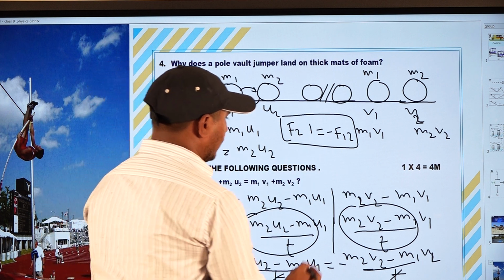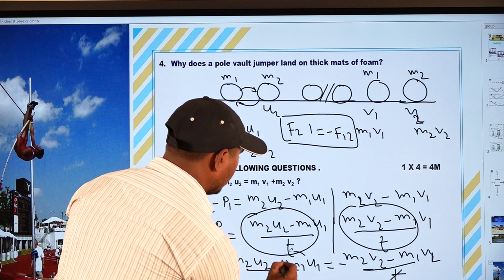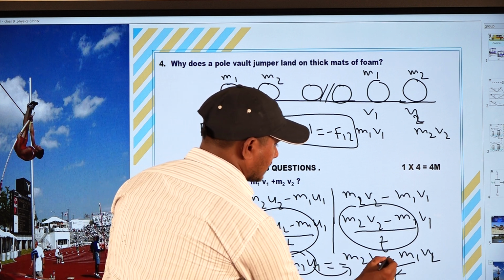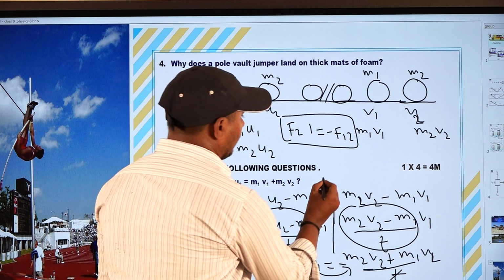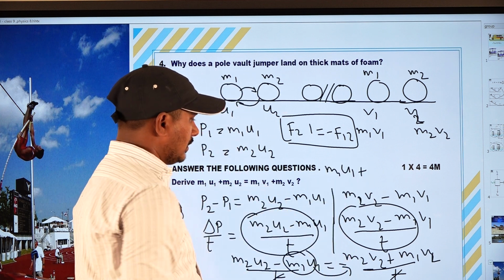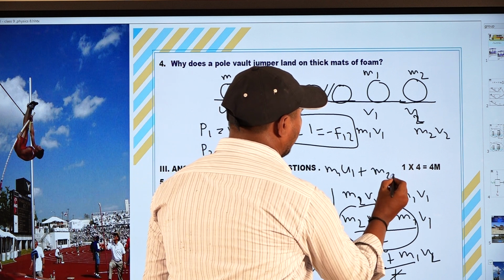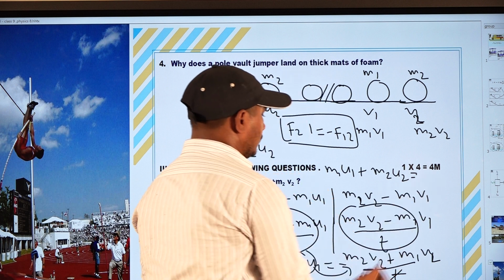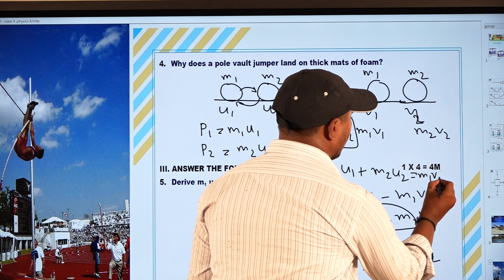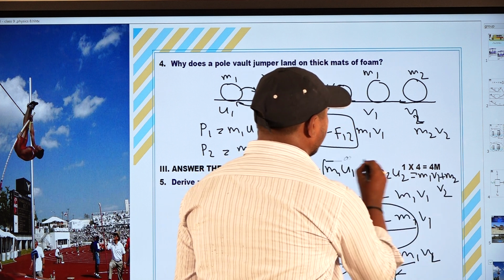Finally we get m1 u1 plus m2 u2 is equal to m1 v1 plus m2 v2.